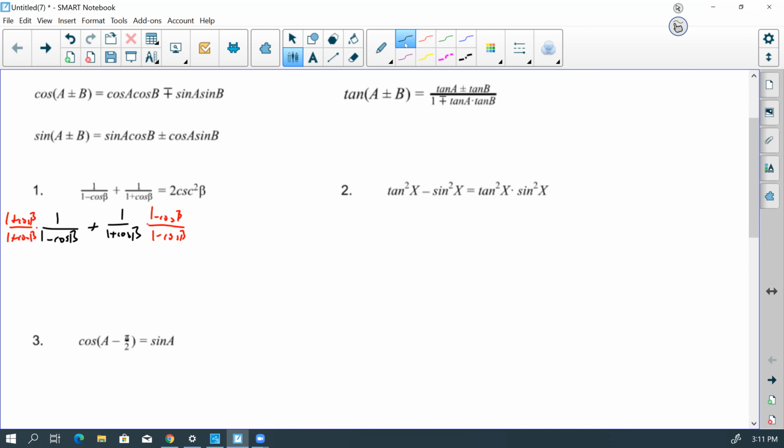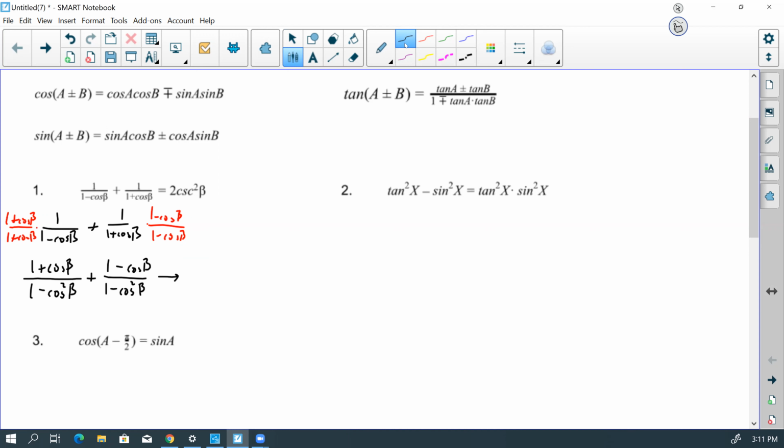On the left, the numerator will become 1 plus cosine beta over 1 minus cosine squared, because if you multiply two conjugates, you will get a difference of squares. On the right, you get 1 minus cosine beta when you multiply the two numerators, and the denominator again becomes 1 minus cosine squared. Those two fractions add up to become one fraction.